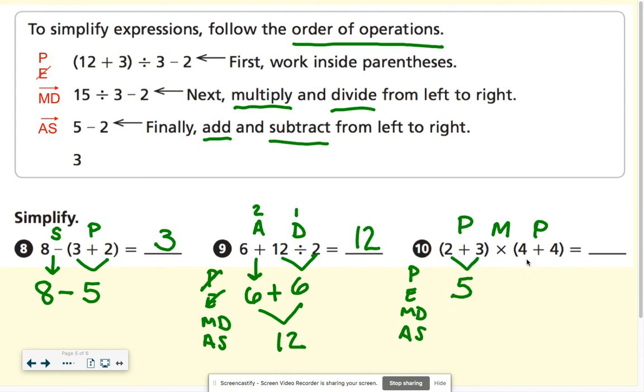Now go to the right one. 4 plus 4 is 8. Now there was something between the parentheses that we have not used. So we're going to drag that down between them. So now we get 5 times 8. 5 times 8 is 40. So our answer is 40. Let's take a look at a few more examples.